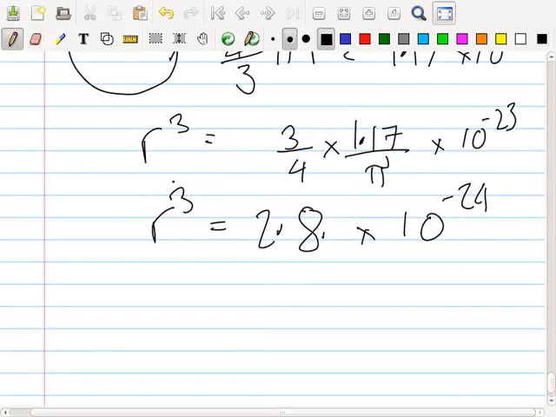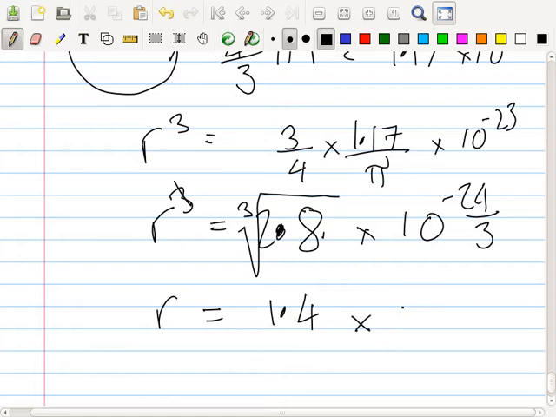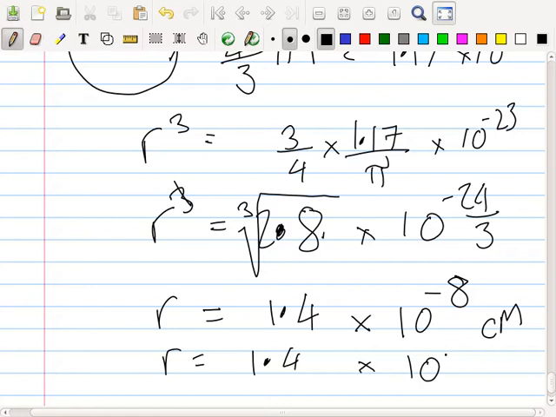So now I do cube root. Can you do cube root of 2.8, please? 1.4 times 10 to the minus 8. That's centimeters, yes? So in meters, 10 to the minus 10.